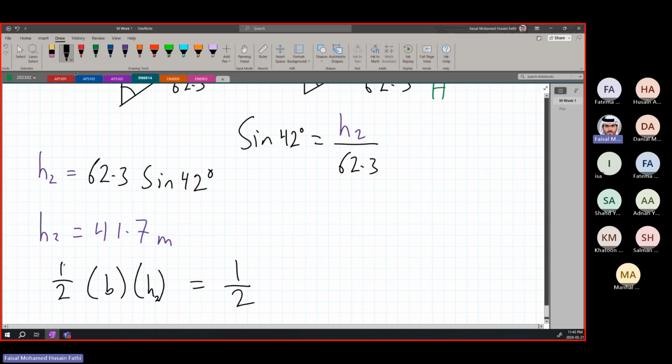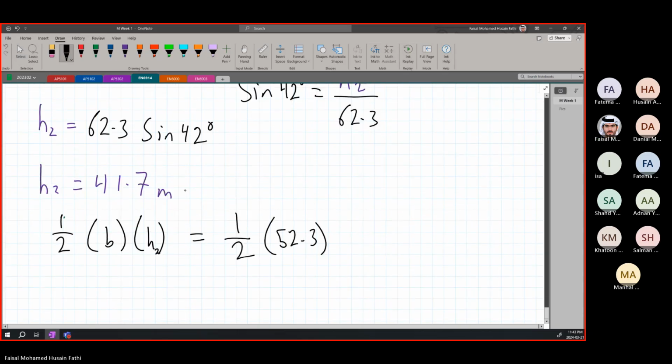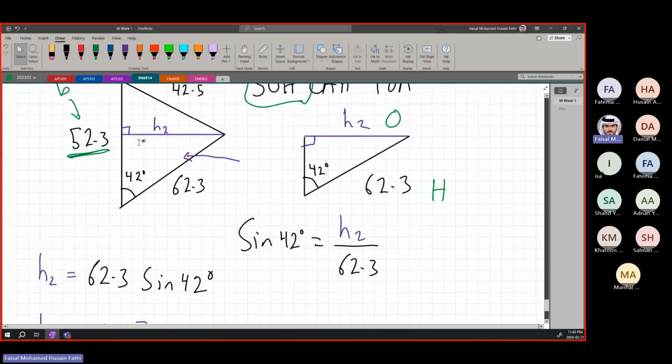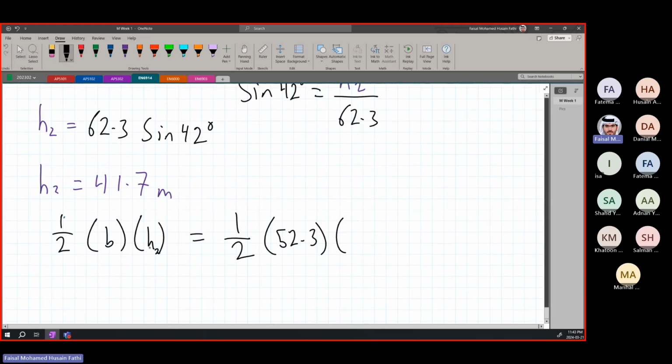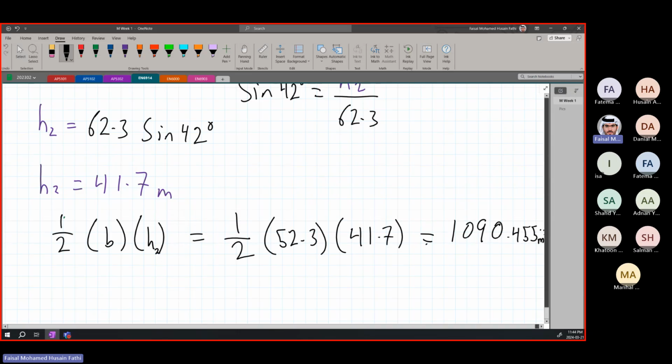So it's equal to half the base, which is 52.3, times the perpendicular height, which is 41.7, which is equal to 1090.455 meters squared. Okay? This is for triangle 2.